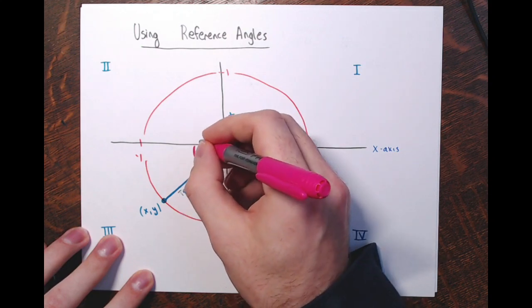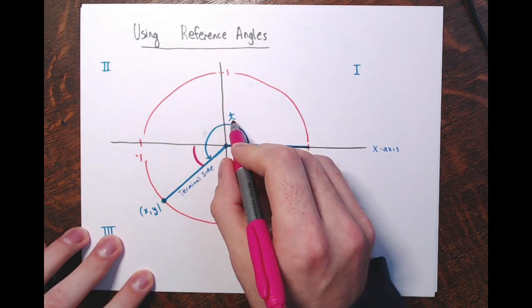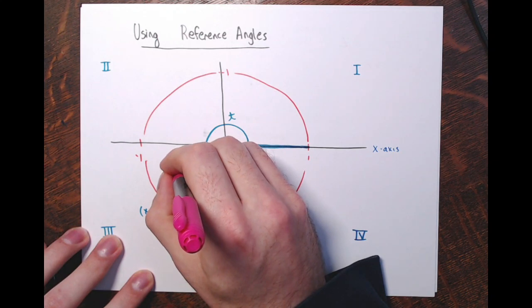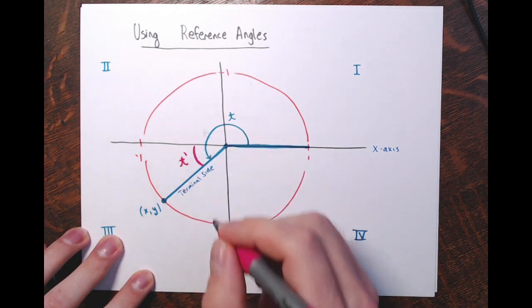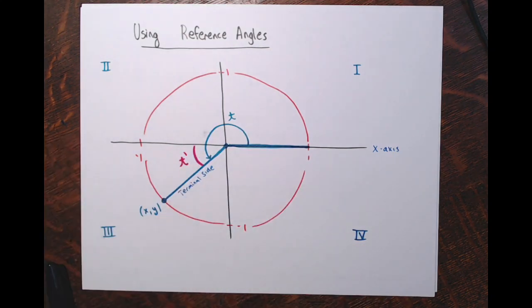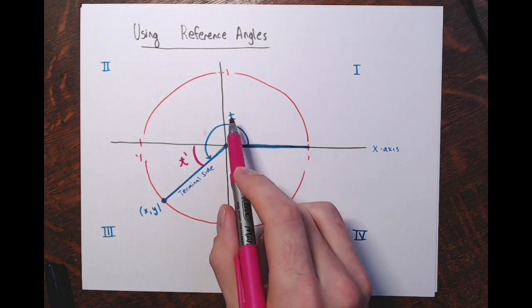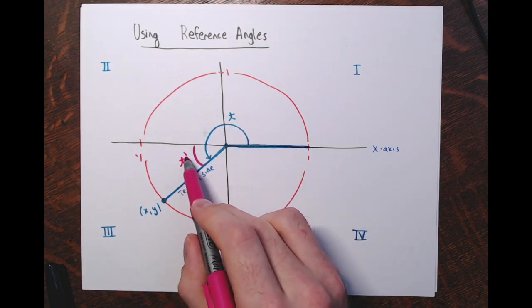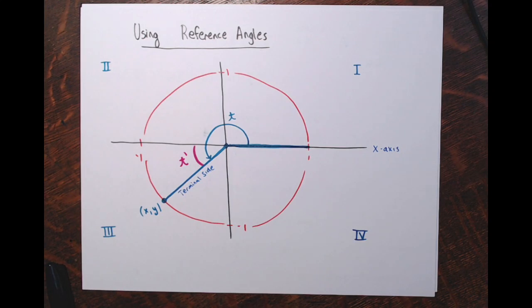If this is called T, remember the reference angle in this particular book was called T prime. It was just the same name of the angle, but with an apostrophe above it. And the reference angle, remember, was always an acute measure, something between 0 and 90 degrees, or between 0 and pi over 2 radians.